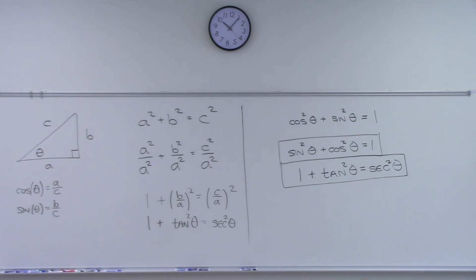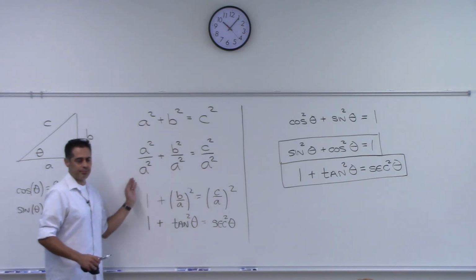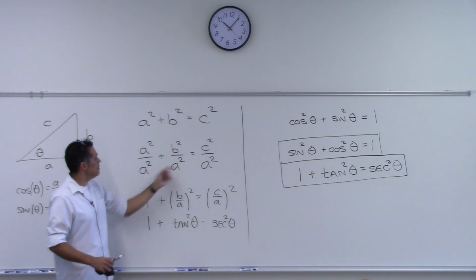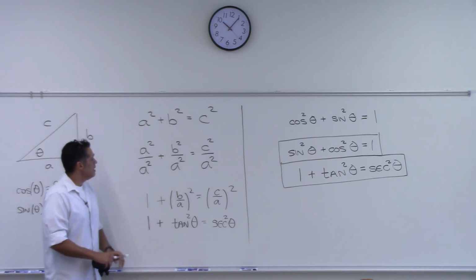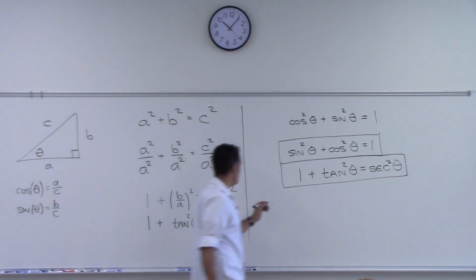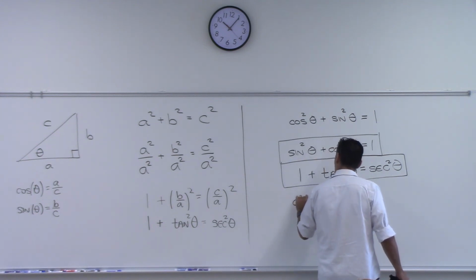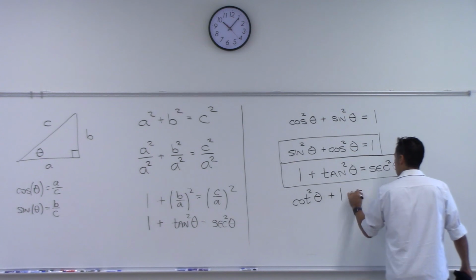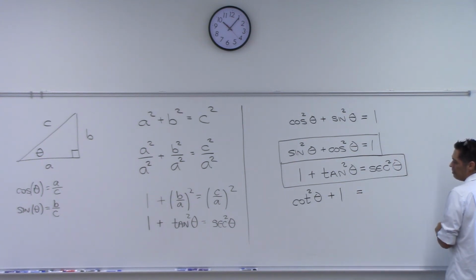And then there's a third one that you would get by dividing everything here by what? B squared. We've done c squared, we've done a squared. If you do b squared, you're going to get cotangent squared theta plus 1 equals, any guesses here?